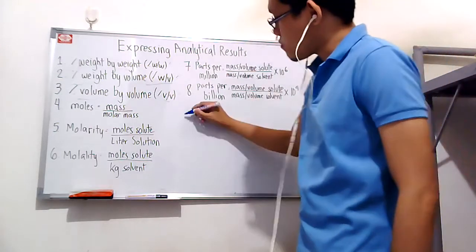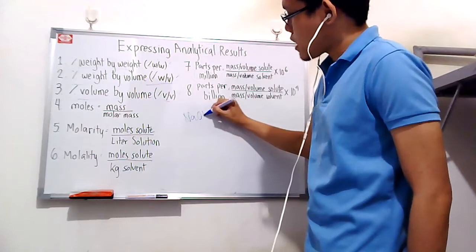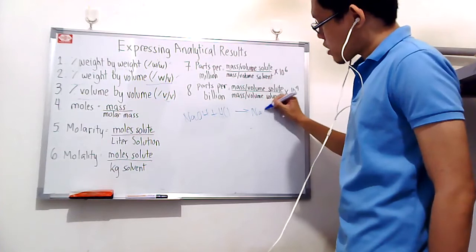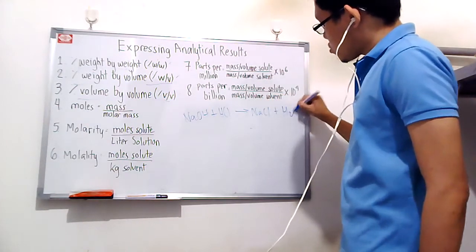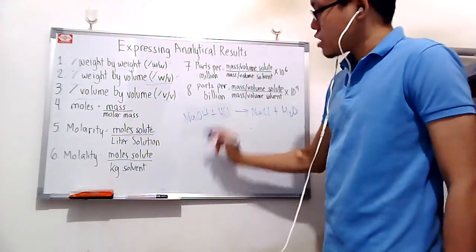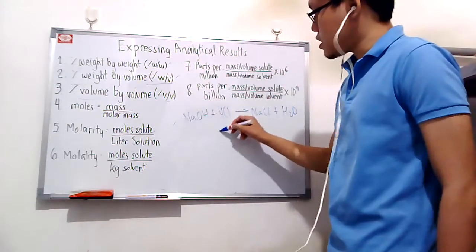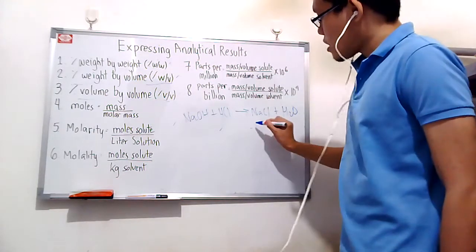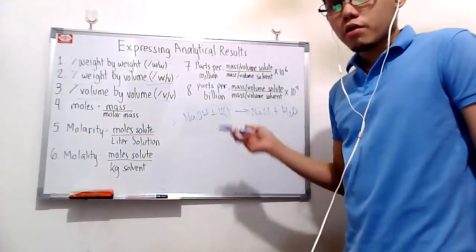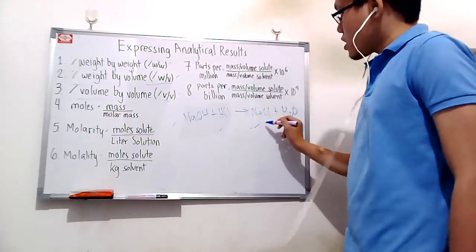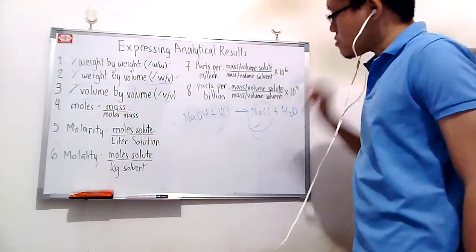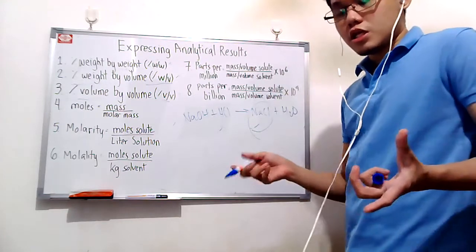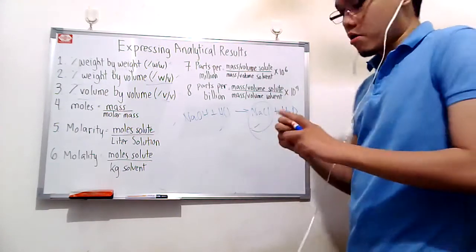For example, if you have the reaction of sodium hydroxide and hydrochloric acid to form sodium chloride and water, and you know the concentrations of sodium hydroxide and hydrochloric acid, you can solve stoichiometrically for the concentration of sodium chloride formed. After you have evaluated this, you can further calculate its percentage in the sample.